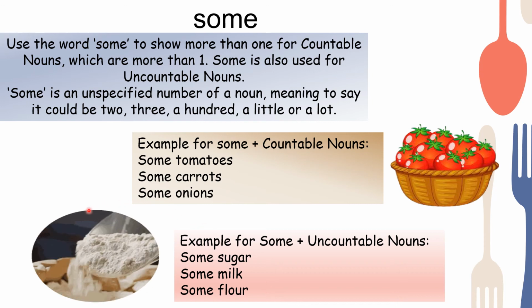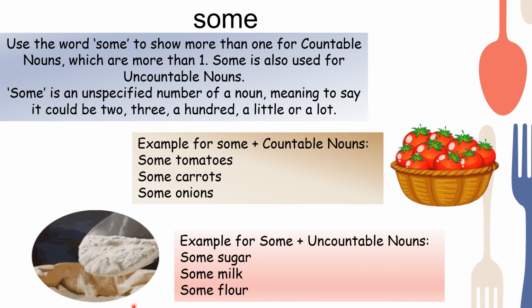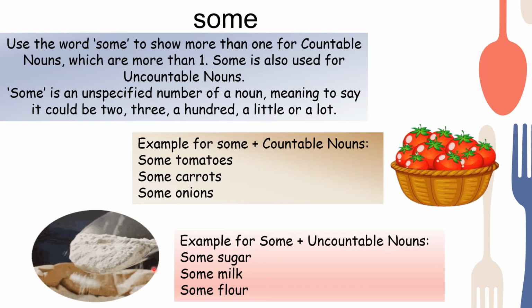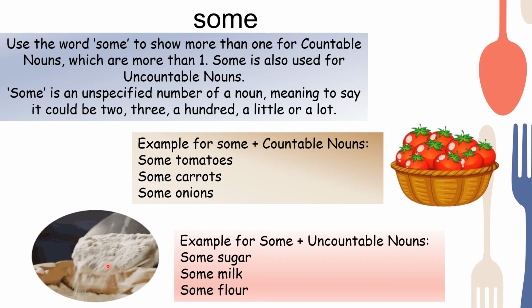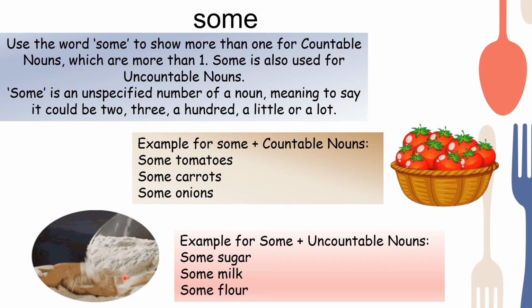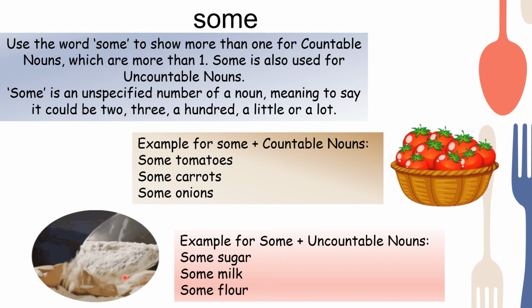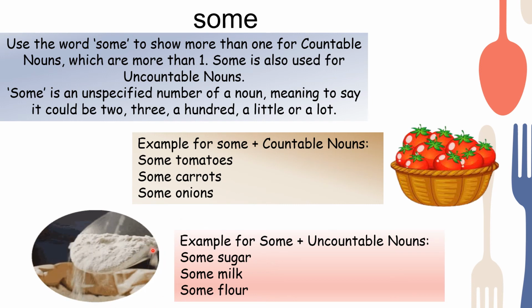For example, in this picture, this is a picture of flour. Do you know how much flour is there in that picture? I don't think so. So if we do not know the amount of flour in this picture, we can simply say some flour.